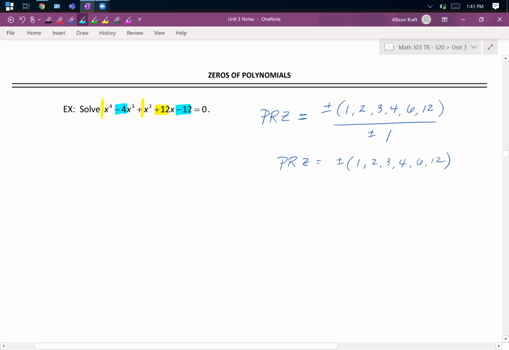So I don't get 0. So that tells me that 1's not going to work. So I'm going to check something else. What number would you guys like to check first? -1. Let's check -1.